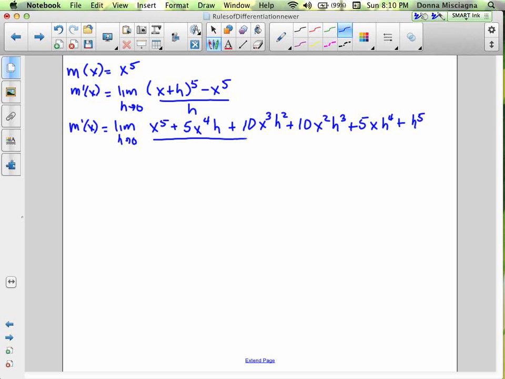Glad I didn't cram it, it wouldn't have fit. All divided by h. Oh, don't forget minus x to the fifth. Here we go. Now we can cancel out the x to the fifths.